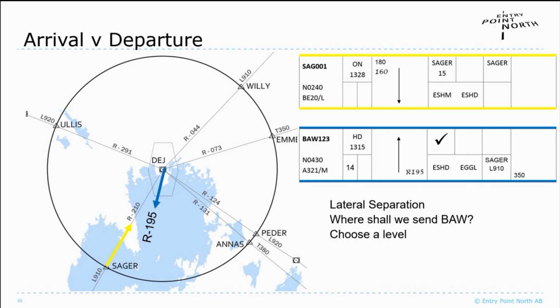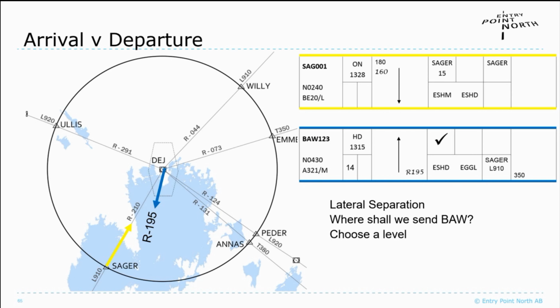So what I'm saying here is that the earlier Speedbird 123 departs relative to where Medical 001 is inbound from Saga, the higher you'll be able to give that aircraft.